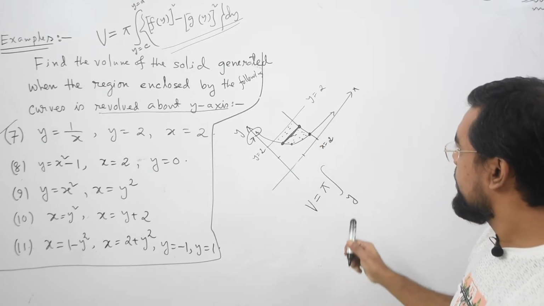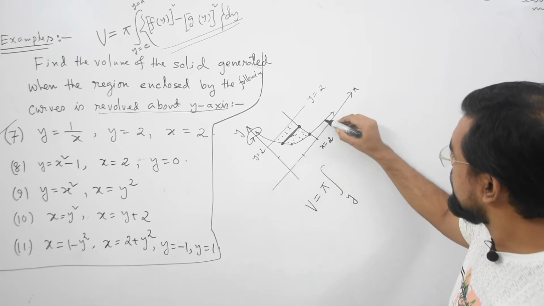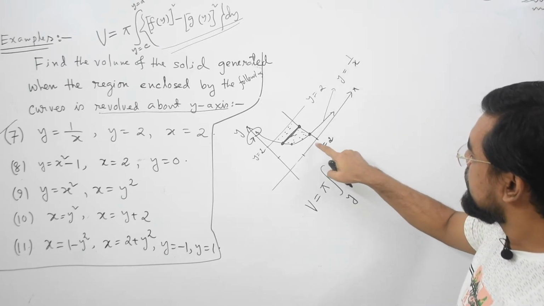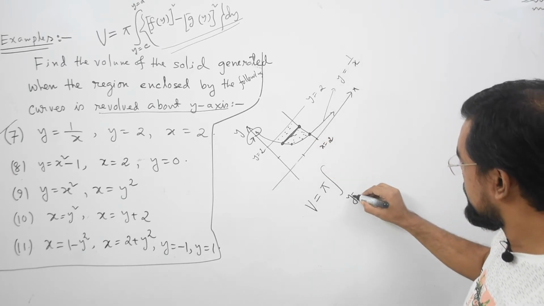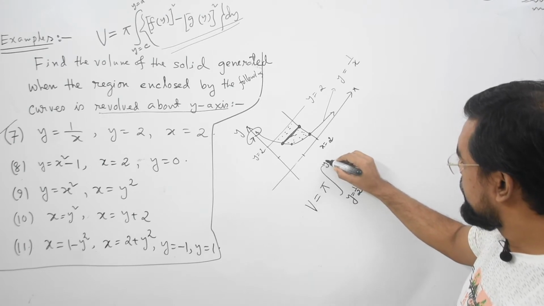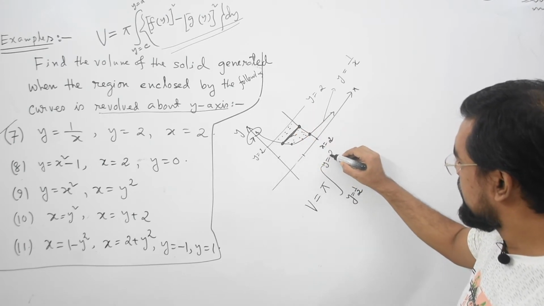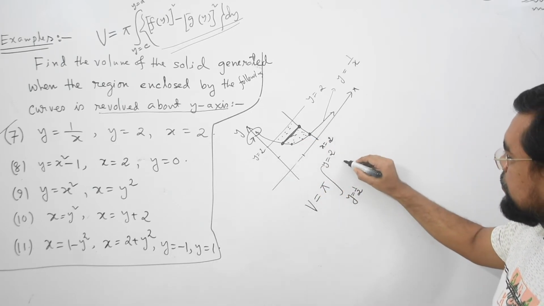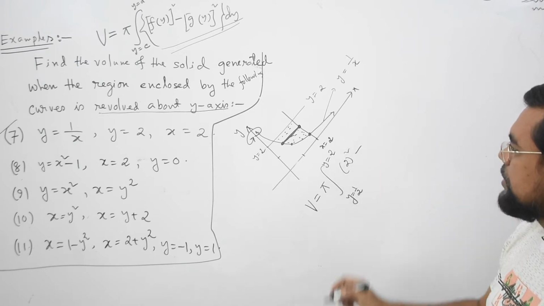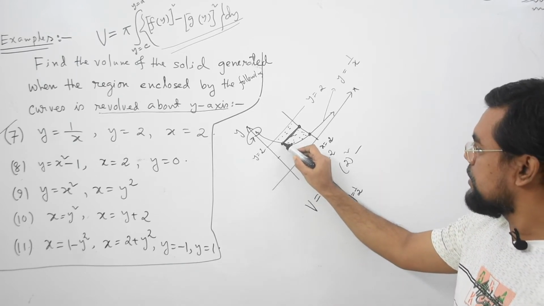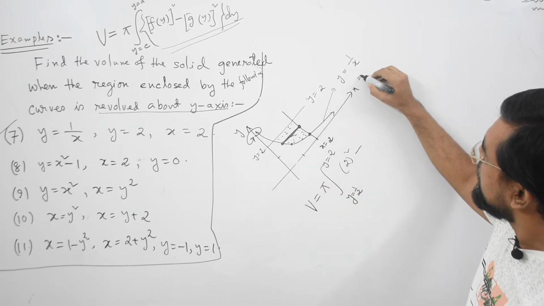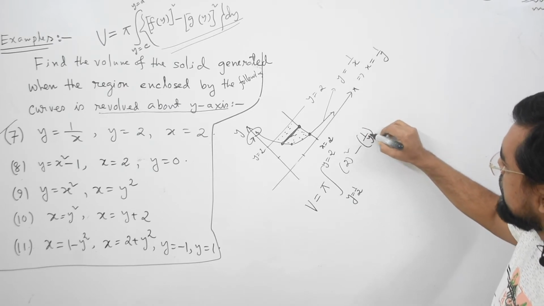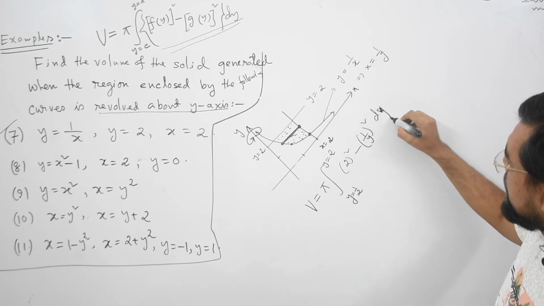At x equal to 2, because this curve is y equal 1 by x, y equal 1 half. So y equal 1 half to y equal to 2, the upper limit, and the curve right one is x equal to 2, so 2 squared minus the curve left one, which we need to write as x equal 1 by y, so (1 by y) whole squared dy.